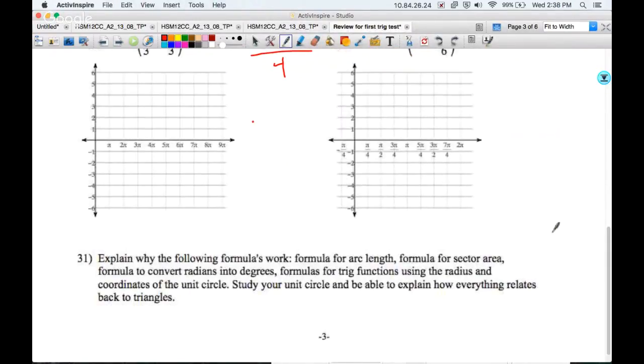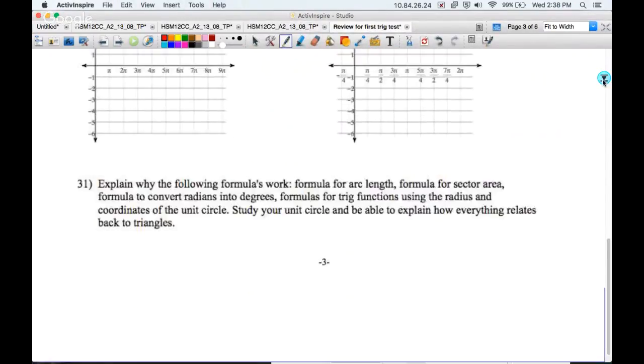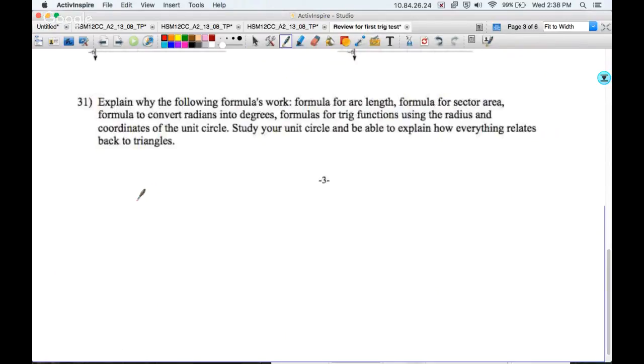Explain why the following formulas work. So formula for arc length, S equals R theta. Why does this work? Well, normally this formula works because of our circumference formula, circumference is equal to pi times the diameter.